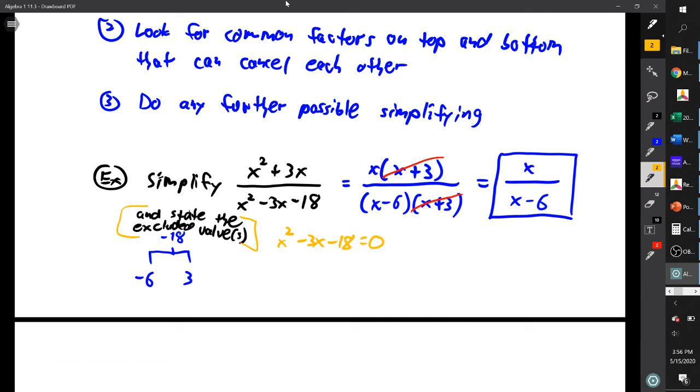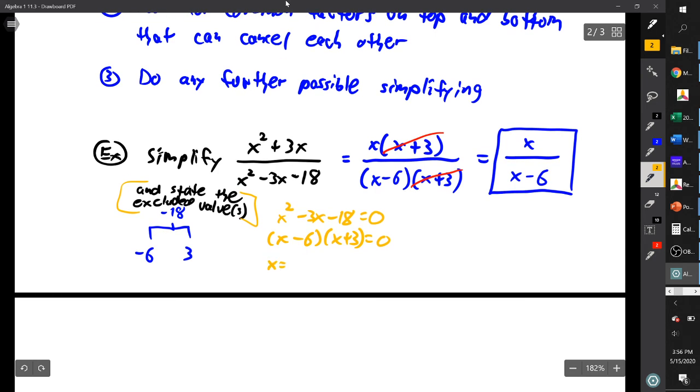I already factored the bottom, so I've done most of the work. This factors to x minus 6 times x plus 3 equals 0. So I'm going to jump straight to x equals 6 or x equals negative 3. Those are my excluded values. So this whole thing simplifies to this, but I'm still not allowed to plug in a negative 3. Even though a negative 3 works for this, it breaks the universe here.